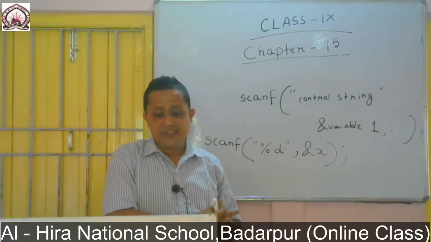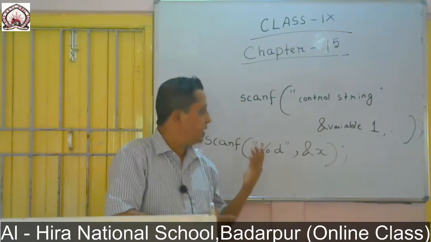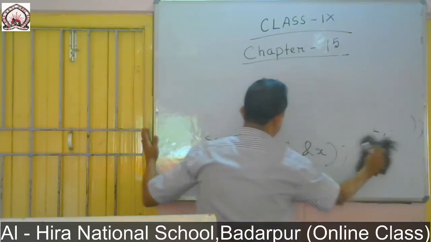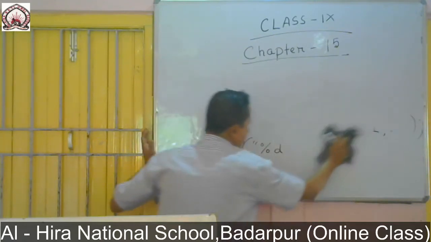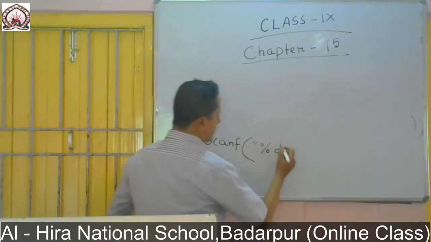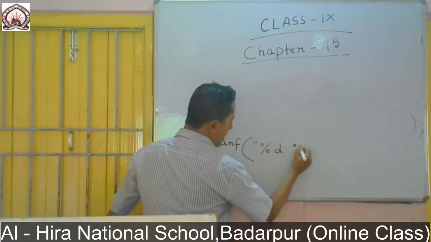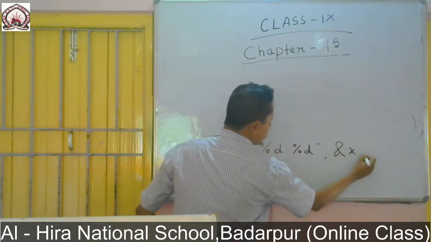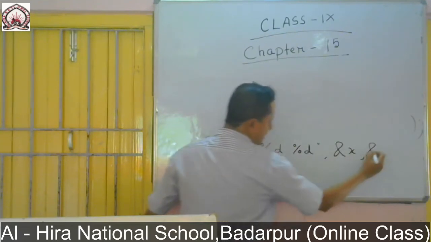Now the scanf function has the control string. For example, I am just showing you another one. Suppose I am taking more than 2 control strings, so %d and %f, and x comma ampersand, this means address.